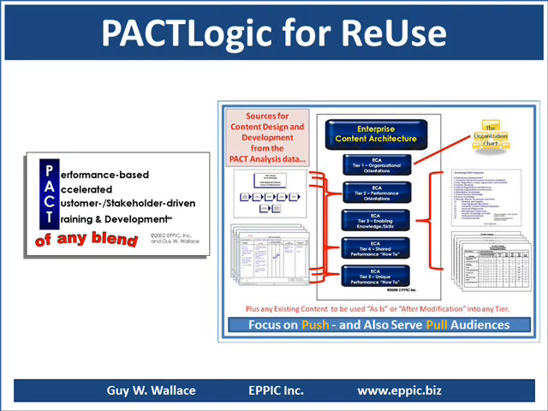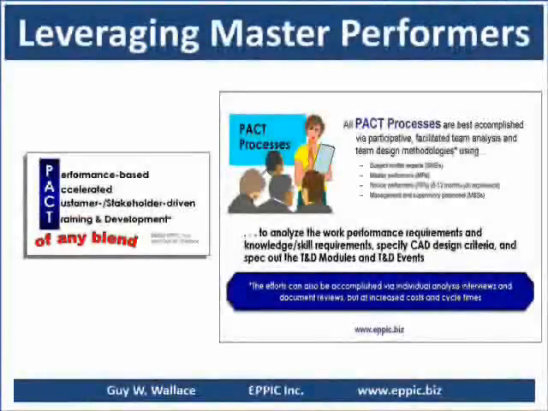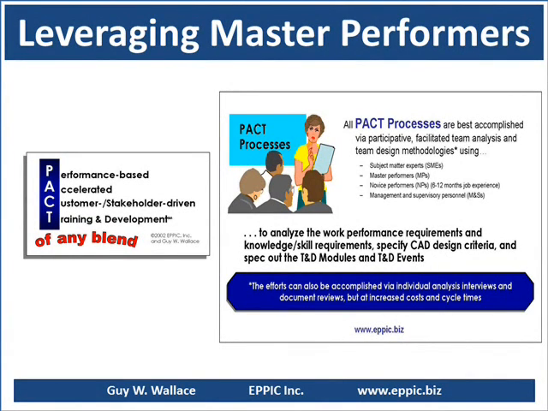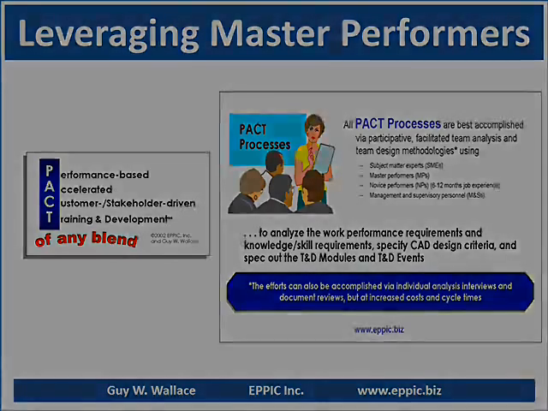PACT focuses on push target audiences and also serves pull target audiences. The PACT processes are best accomplished via participation of master performers, other subject matter experts, sometimes novice performers, and sometimes management and supervisory personnel. They're involved in the analysis teams, the design teams, and any development teams.